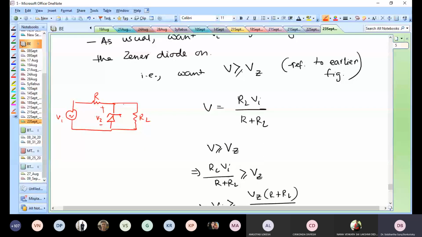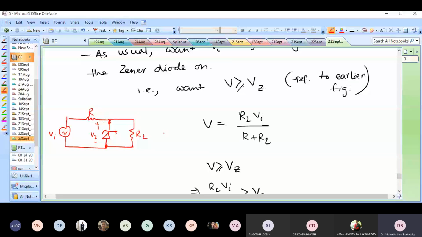Basically, the total current flowing through the circuit would be Vi by R plus RL, because I have removed the diode. I don't need to care about that. And then that current times RL is the load voltage, but the load voltage is the same as the voltage across the two open terminals of the diode. So this is the principle as before.